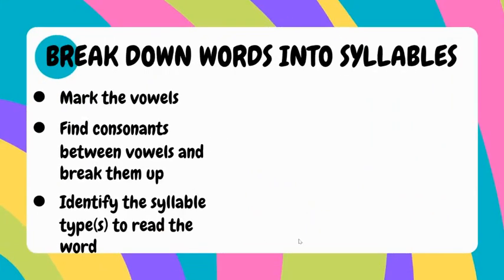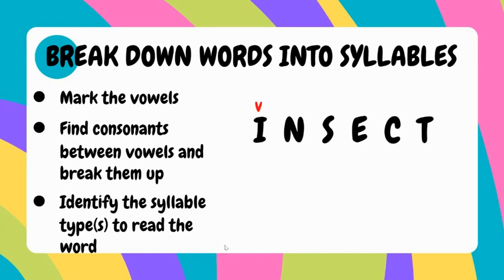Next, breaking down words into syllables. We have another word. Our scholars would have to first identify the vowels. Here, I see I and E. These are my two vowels. Now our scholars have to find the consonants between the vowels and break them up.